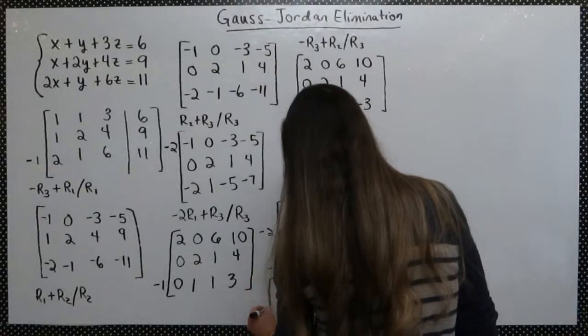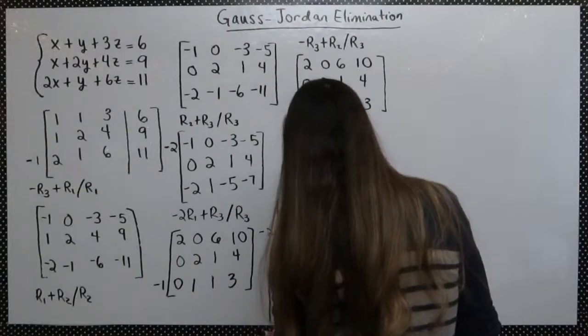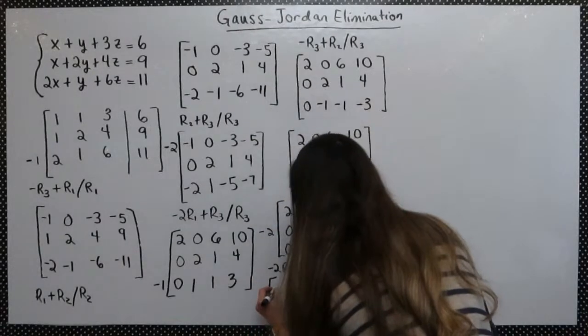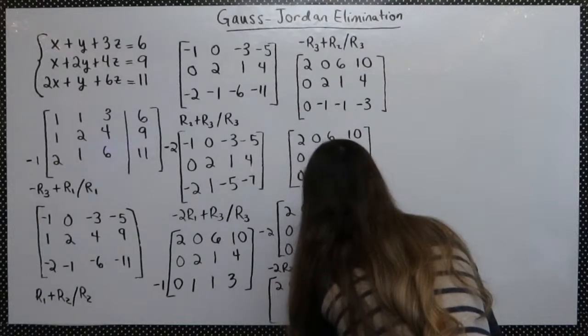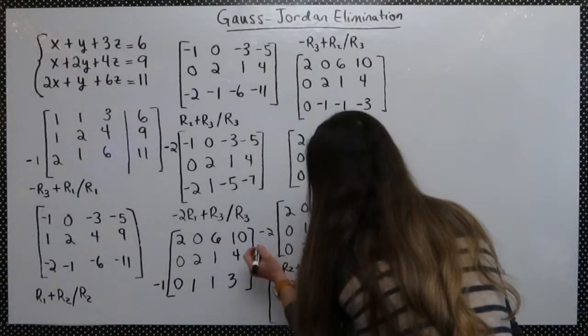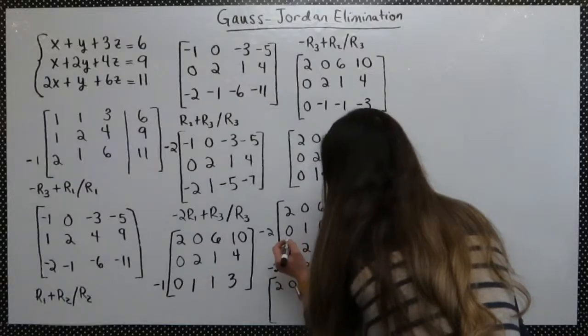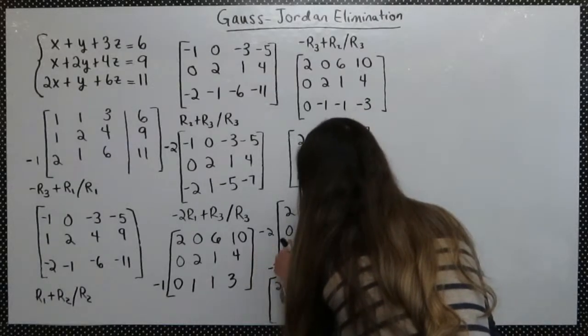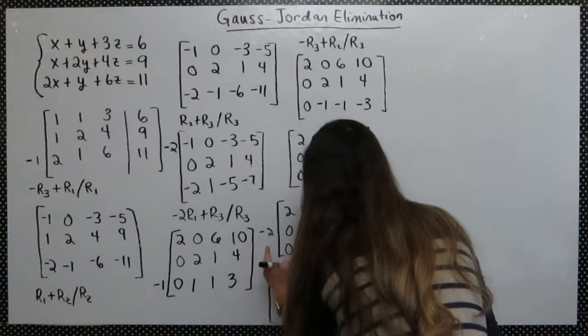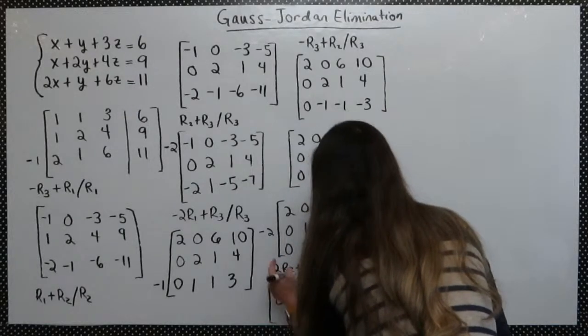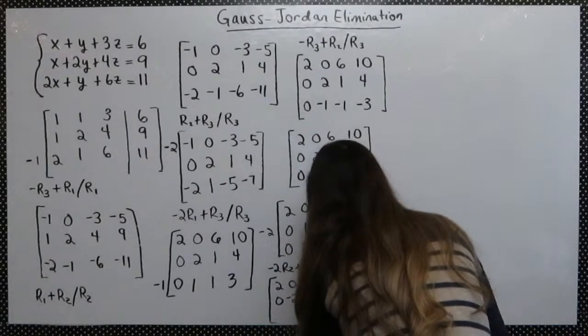I'm going to try and fit it in here because I need to start saving them. So we've got 2, 0, 6, 10. And then multiplying this, we've got 0, -2, 0, -8.